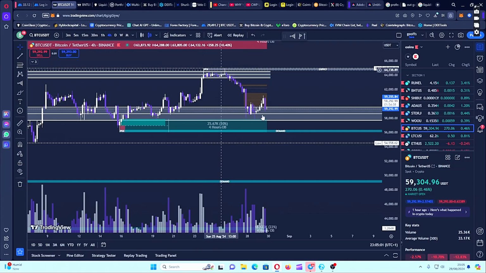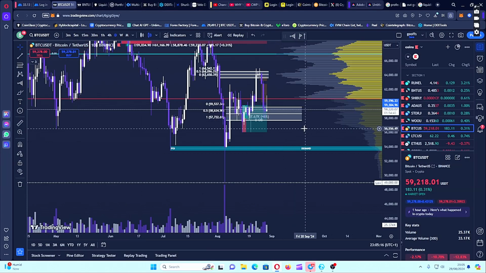So you could have taken that quick short down into here, aiming for this liquidity, which is around 57,790. We've not taken that out yet, but we are in a 4 hour order block and a daily order block as we speak.